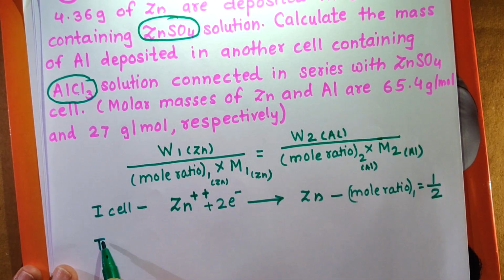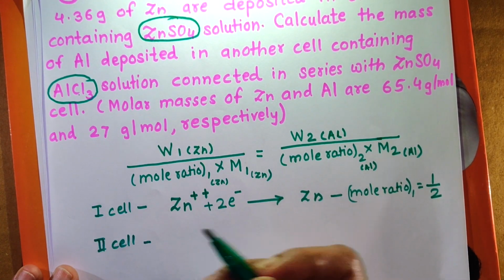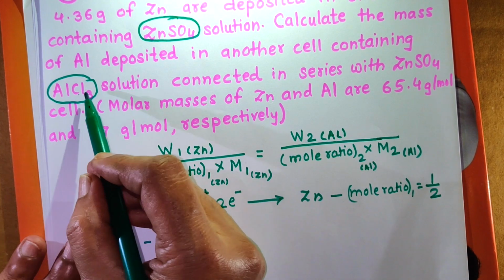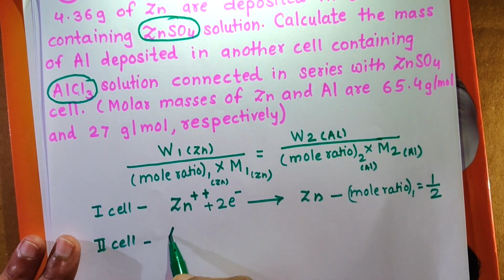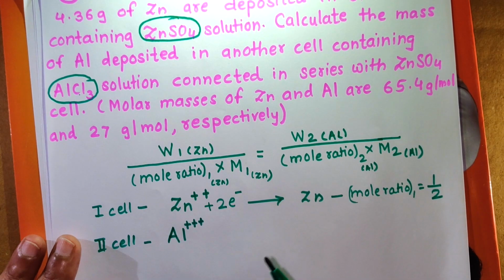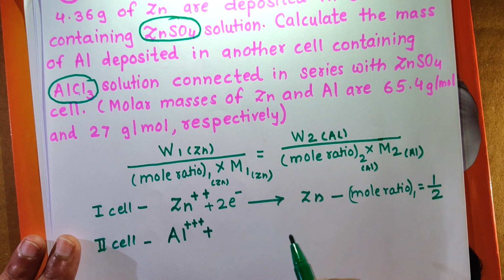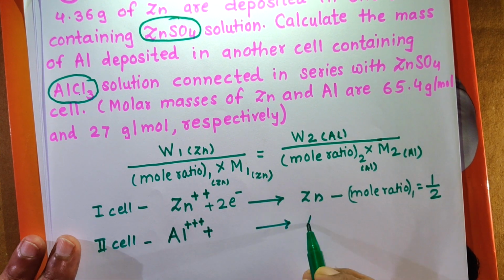In the second cell, that is the cell which contains AlCl3 solution, which reaction will take place? In AlCl3, the oxidation number of Al is plus 3. You can determine it by using the oxidation number concept. Al plus 3 is converted into Al.